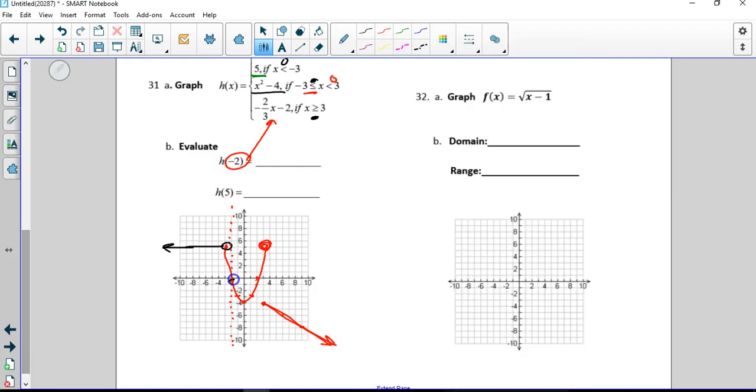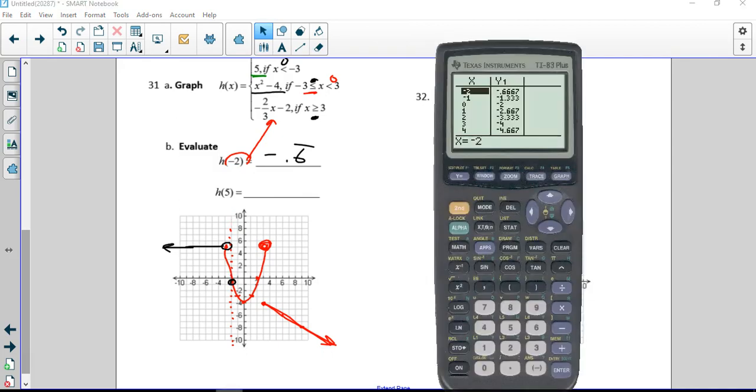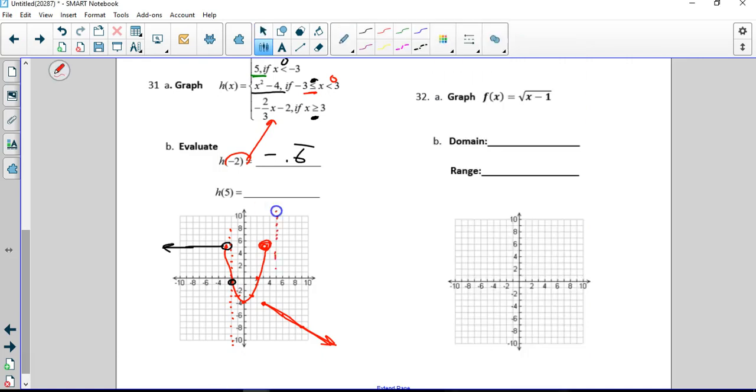So right there, it's hitting right there at negative 0.6 repeating. Let it do the work. H of 5. So where's 5 going to hit? 5 is going to hit right here. So obviously, what's it hitting?